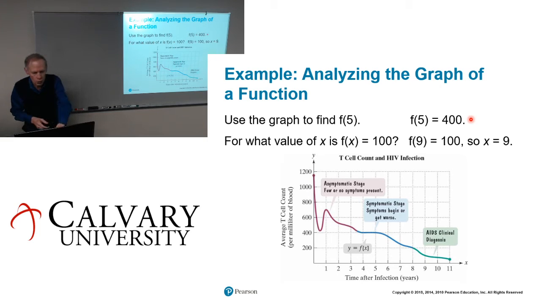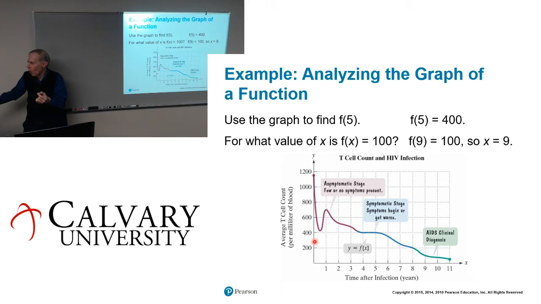But of course, we're all aware that so many of the functions and principles of math you have to think of in both ways. So nextly, what is the value of x if f of x equals 100? So if f of x equals 100, that means that's the y value.